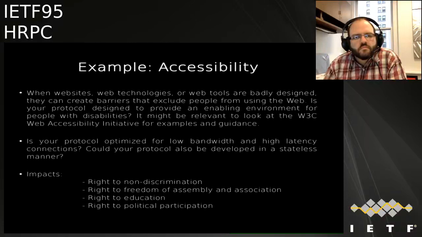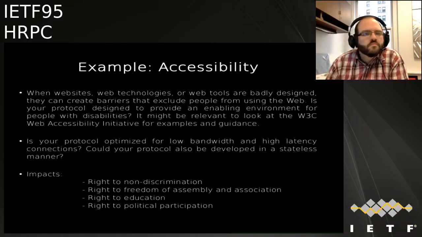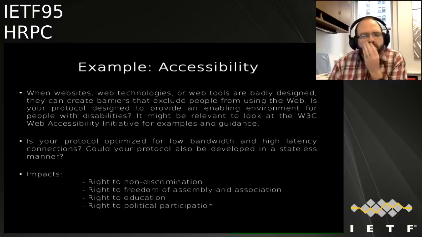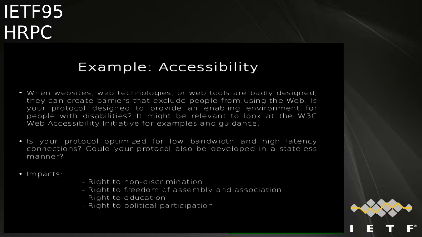The questions you can also ask is, is your protocol optimized for low bandwidth and high latency connections? Could your protocol also be developed in a stateless manner? And this impacts the different rights that we've stated below. So the right to non-discrimination, right to freedom of assembly and association, right to education, and right to political participation. Now, this specific bit comes from some of the work we've been doing before, which is trying to understand how different human rights relate to different technical concepts.